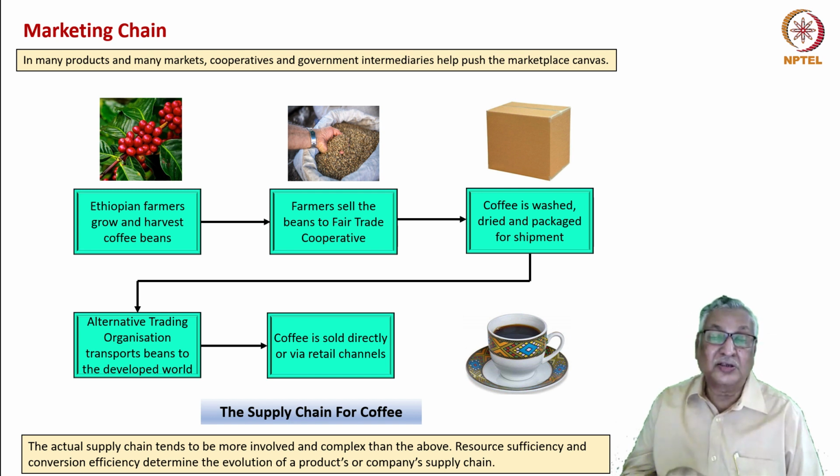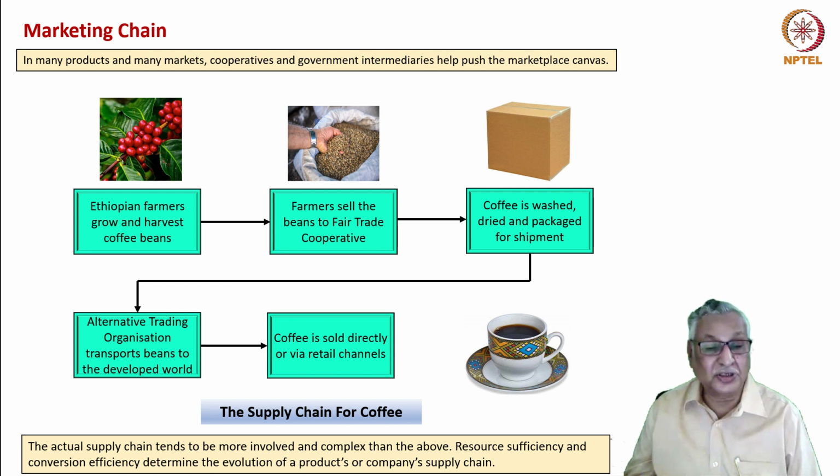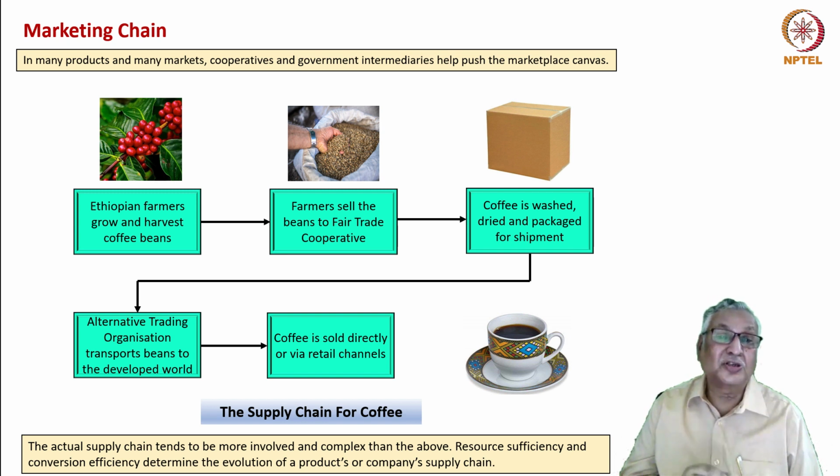So you will find that intermediation through governmental interventions is very much there in any country. Whenever farm produce happens to be the core input to a value chain, in reality, the actual supply chain tends to be more involved and more complex than the above.